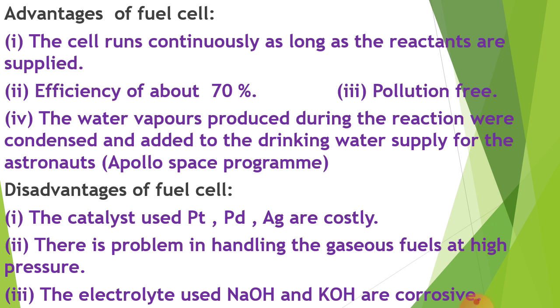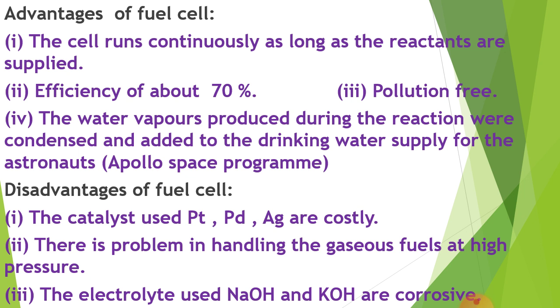Third point, it is pollution free, and the water produced is used for drinking purposes. Fourth point, the water vapor produced during the reaction was condensed and added to the drinking water supply for the astronauts in the Apollo space research program.